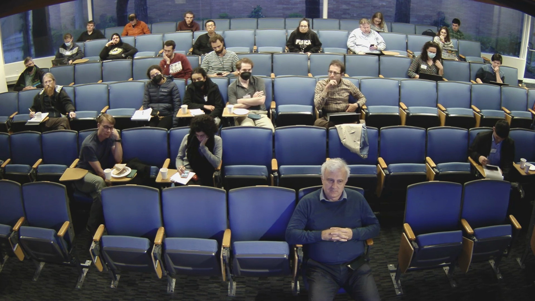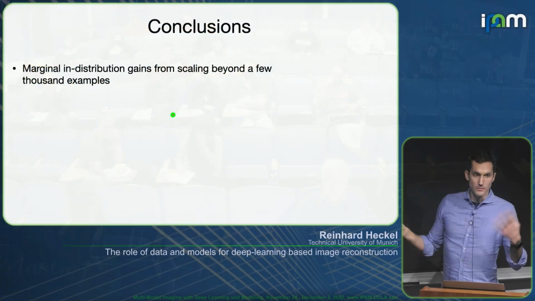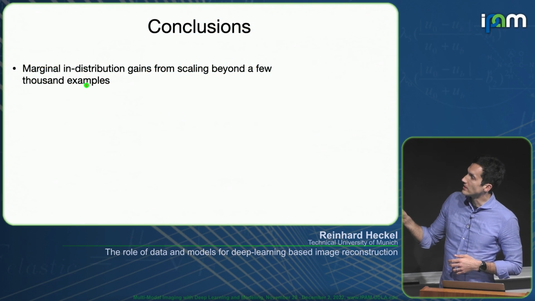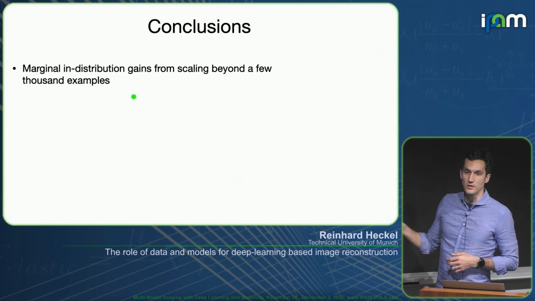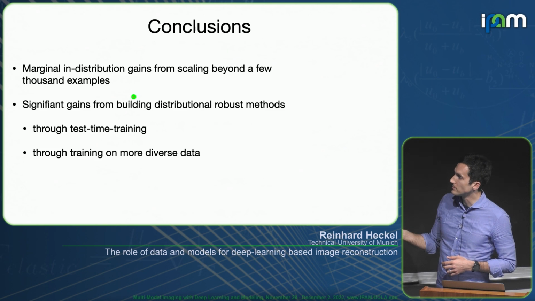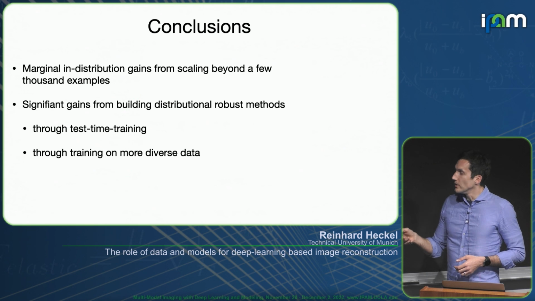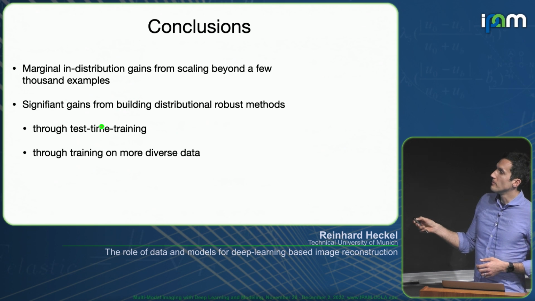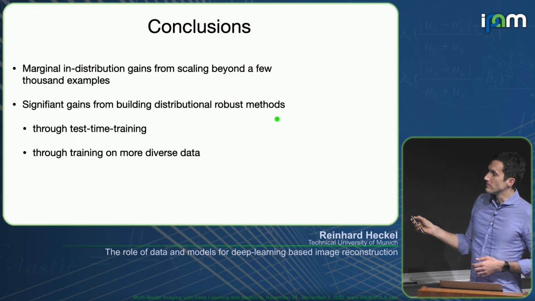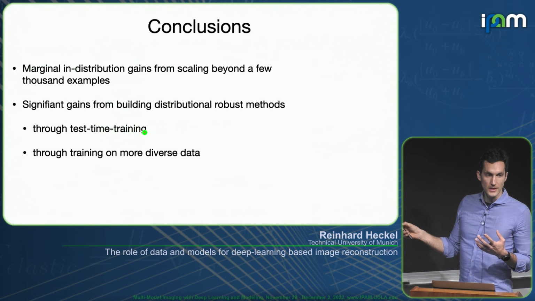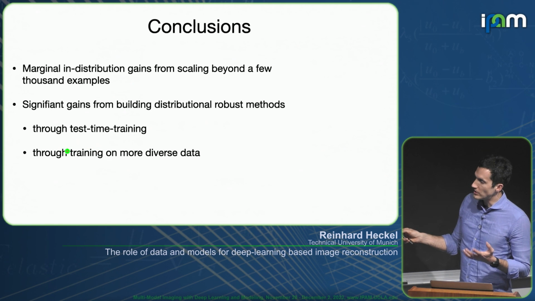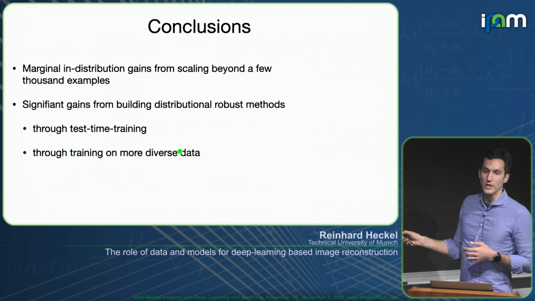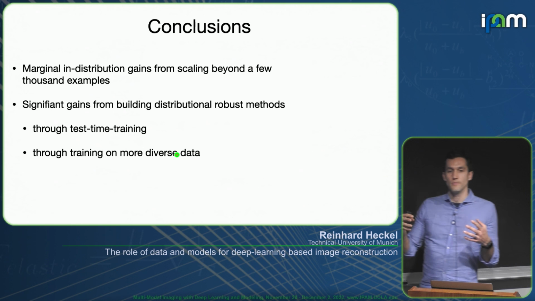Okay, so conclusions. From the scaling law experiments, we predict, we don't know for sure, but we expect that there are only marginal in-distribution gains from scaling beyond a few thousand examples for image reconstruction problems. However, we expect significant gains from building distributionally robust methods, either through something like test time training, which is very slow, or through training on more diverse data, though we don't really know how to do that.